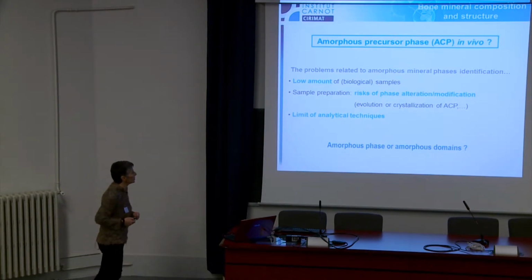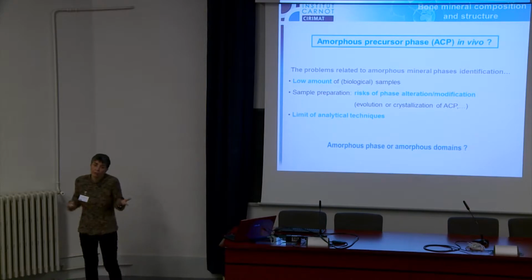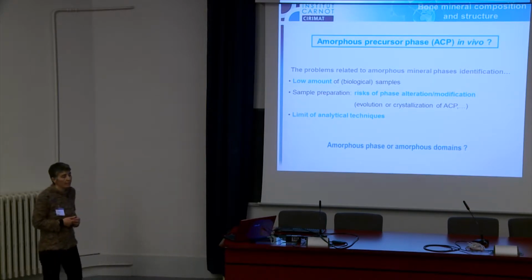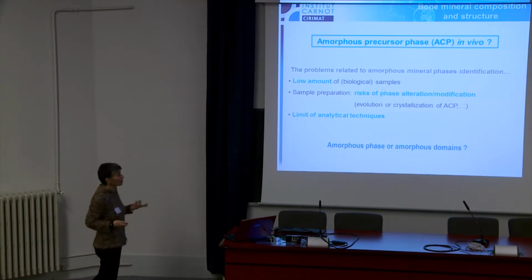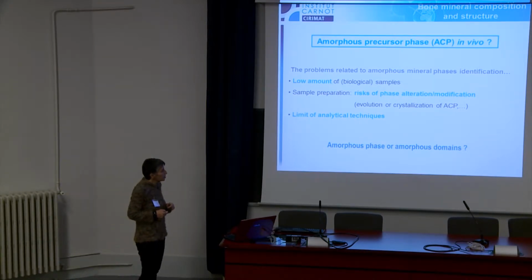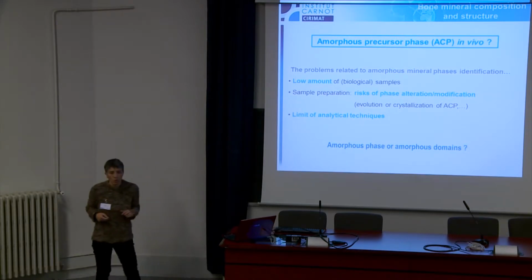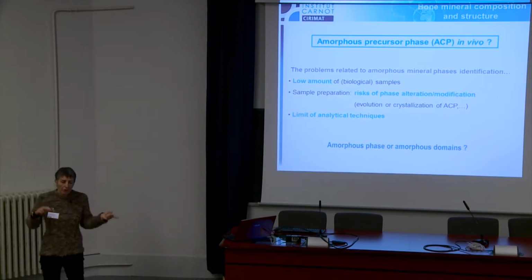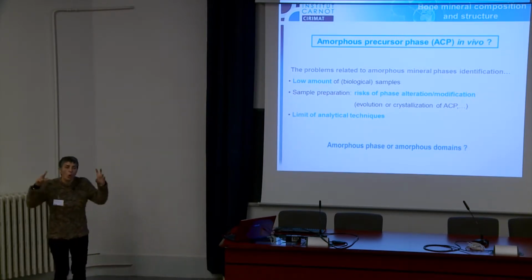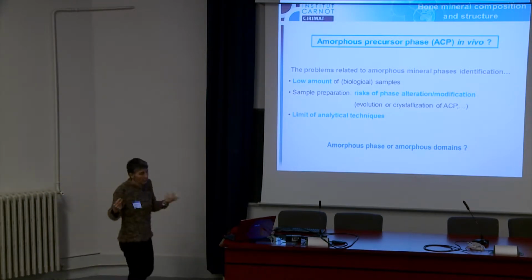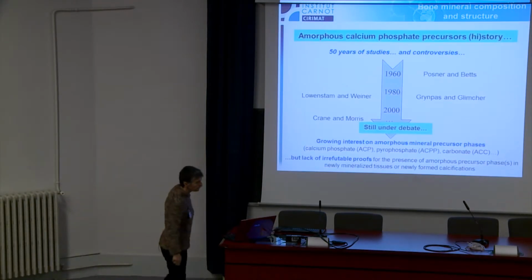And we also have the limits of the analytical techniques, because this is not a structured phase. So the question is also, can we talk about an amorphous phase or amorphous domains inside the apatite structure, for example?